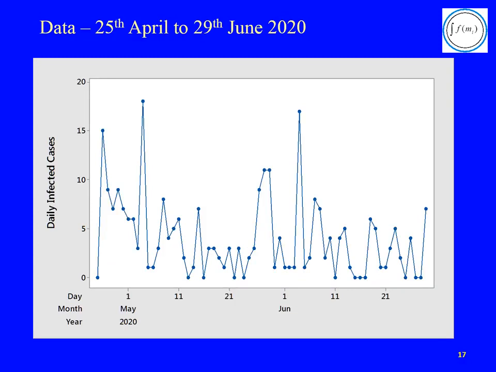This is the second part of the data set. This time series plot is for the second part. Why do I say it is the second part? The first time series plot was for the complete data set from 22nd January to 29th June. When you look at the previous one, you can see there is a rapid growth. Here what I did, I avoided that growth and divided the data set into two pieces. The second part is from 25th April to 29th June.